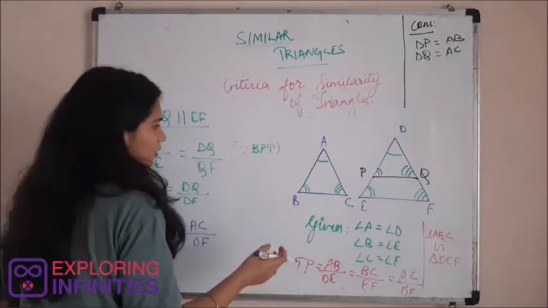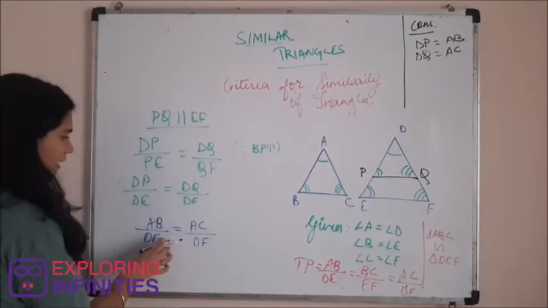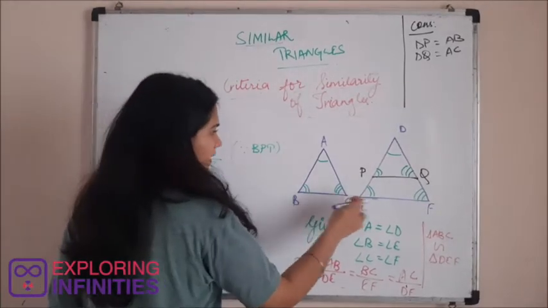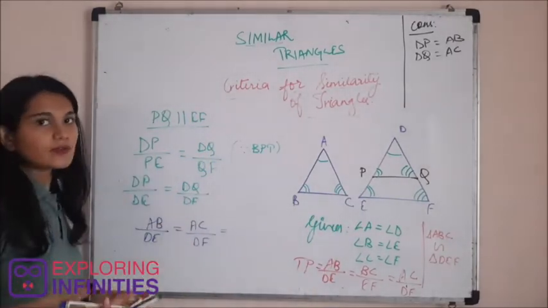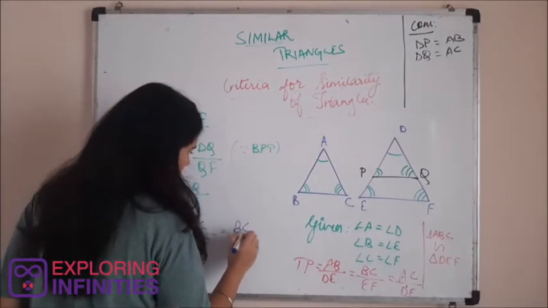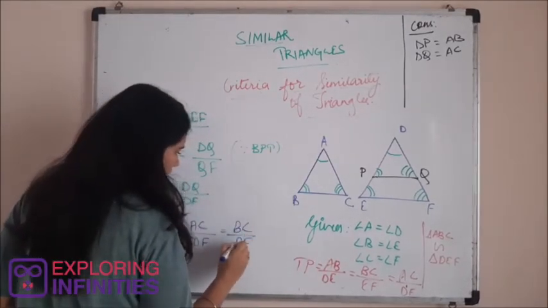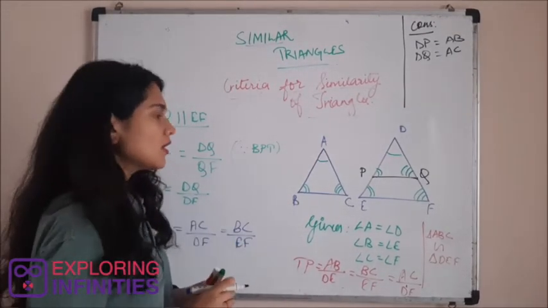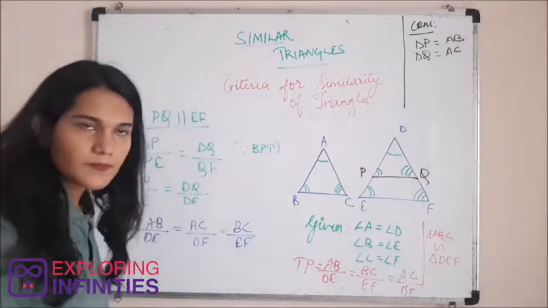Similarly, we can also write that AB divided by DE is also equal to, if you take the third side, BC divided by EF, because in the last part you proved that these two triangles are similar, so you can say that the ratio is also equal.